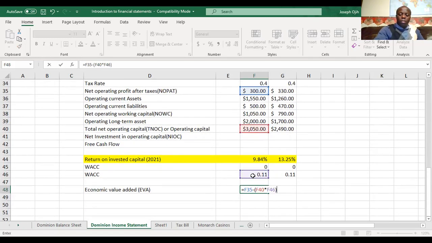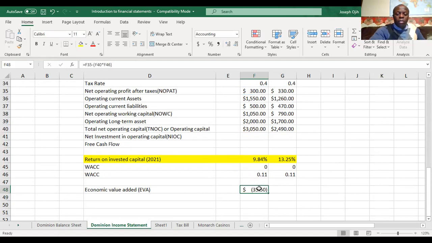Okay, close it. See, it gives us negative 35 million. So it added value here, but it destroyed value here because it's negative. That's why it's in parentheses.